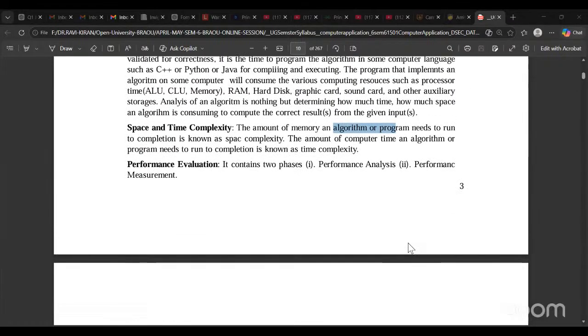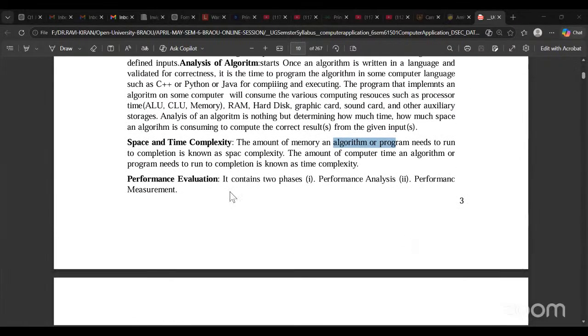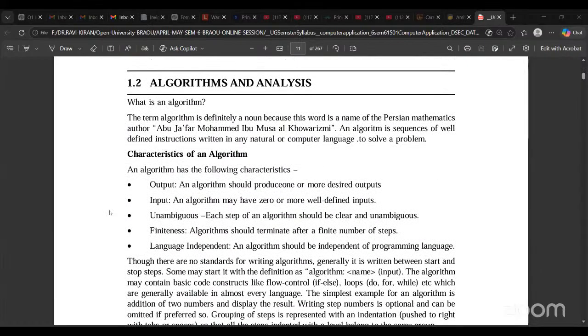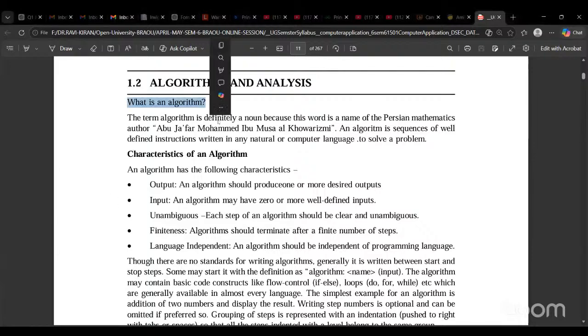Next one is performance evaluation. It contains two phases: performance analysis and performance measurement. Now see, what is an algorithm we already discussed.